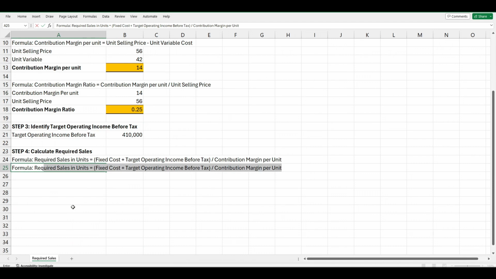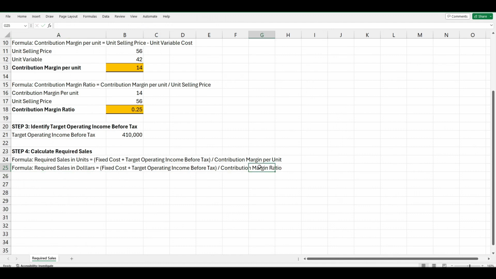Our formula for required sales in dollars is equal to fixed cost plus target operating income before tax, close the brackets, divided by our contribution margin ratio. So whenever you guys see, if we're using the ratio, that means we're going to be working in dollars. And if we're using our per unit, we're going to be working in units. So that's just a good way to memorize in case you guys forget the formula. Just remember dollars. If you're trying to find your dollars, you want to use your ratio. If you want to find your units, you're using the units.